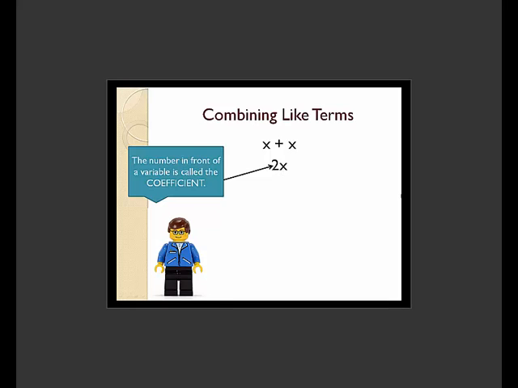We're going to call that a coefficient. The coefficient tells you how many terms of x you have. In this case, you have 2 terms of x. x plus x is the same as 2x. The coefficient literally is the number times the variable. 2x is 2 groups of x.